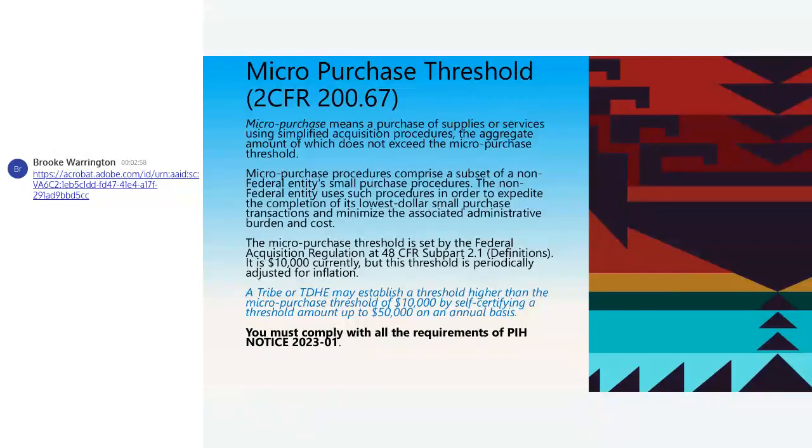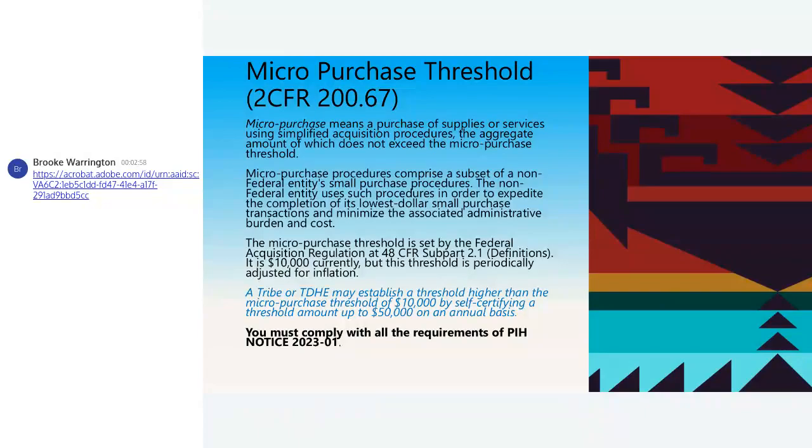The non-federal entity uses procedures in order to expedite the completion of its lowest dollar small purchase transactions and minimize the associated administrative burden and cost. Your micro purchase threshold is set at the Federal Acquisition Regulation 48 CFR subpart 2.1.